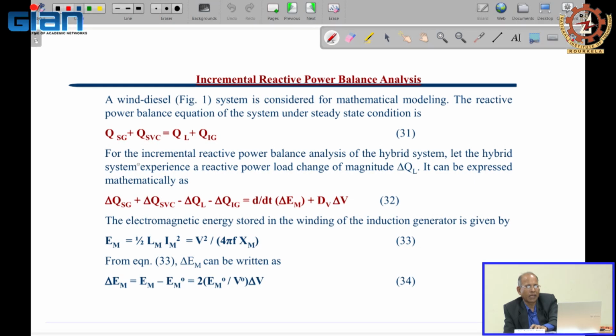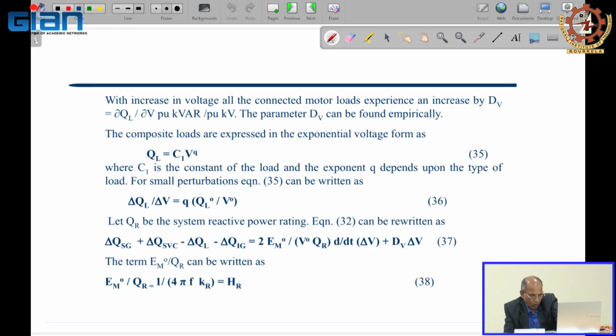Okay. Then you deal with the analysis, as we call it, small signal analysis, small signal stability analysis. Okay. So, you deal with the small changes, and you go into these mathematical equations. I am not going into too much detail.